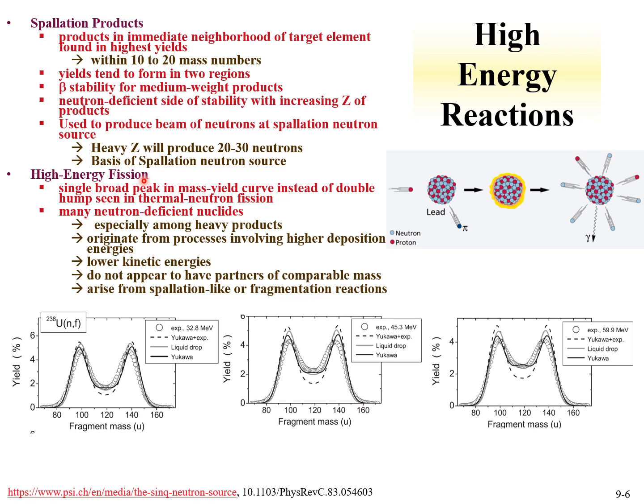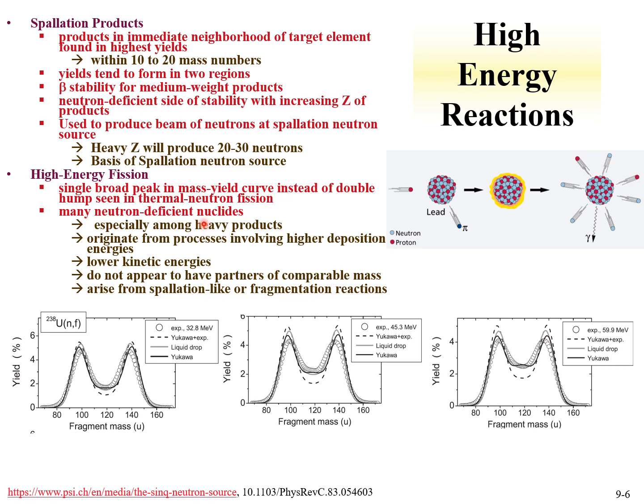Heavy Z's will produce 20 to 30 neutrons per proton interaction, and there's a web page listed here for the spallation neutron source run at Oak Ridge National Laboratory that has information on this technique and its application for developing neutron sources.